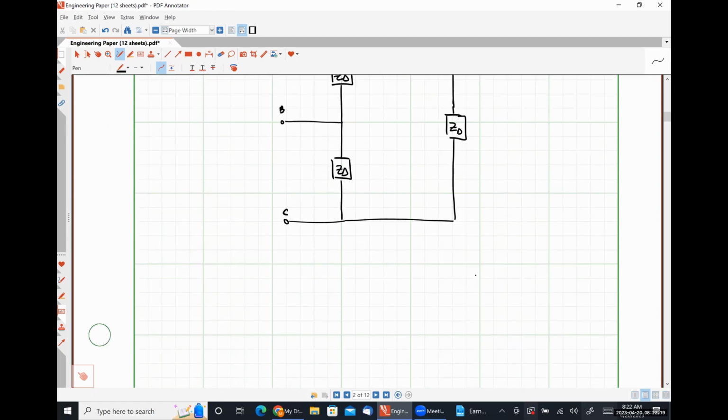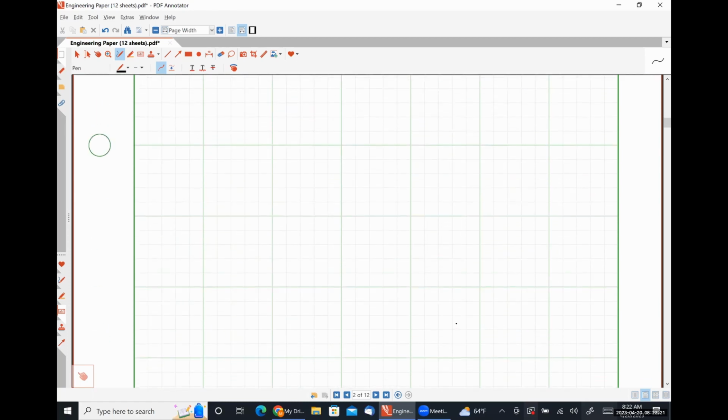So instead, what is done is what's called the 2 watt meter method, okay? So over here, I'm going to represent a balanced 3-phase source.